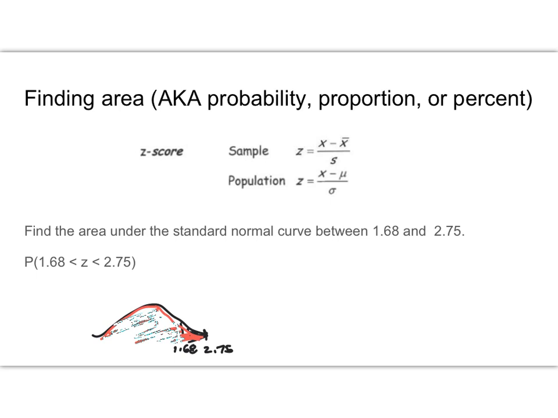And I get for 2.75, 0.9970 from the table. And to the left of 1.68, I get 0.9535. And that leaves me with 0.0435.